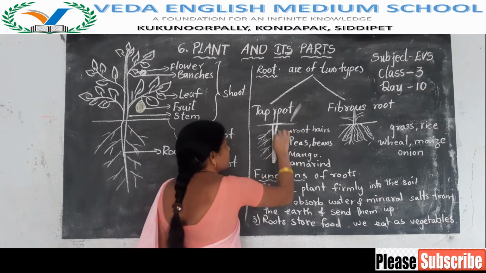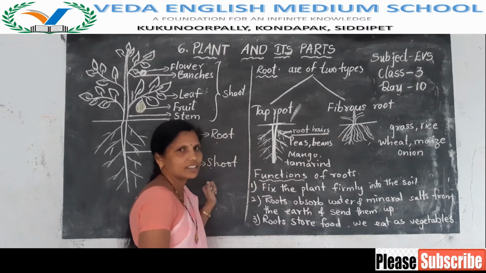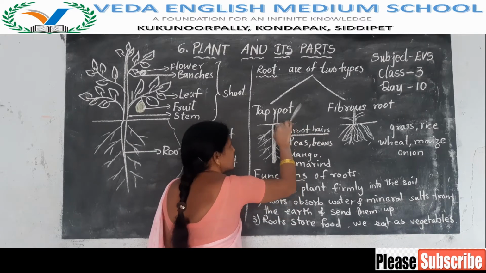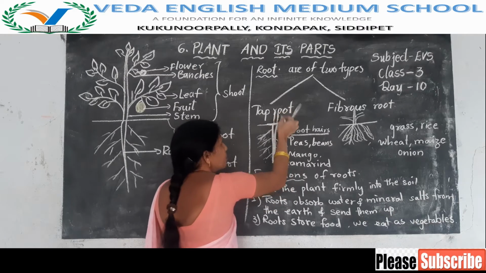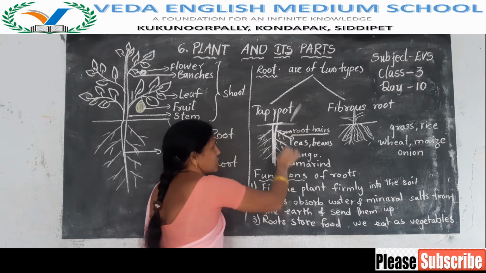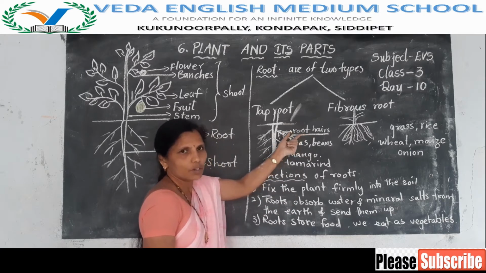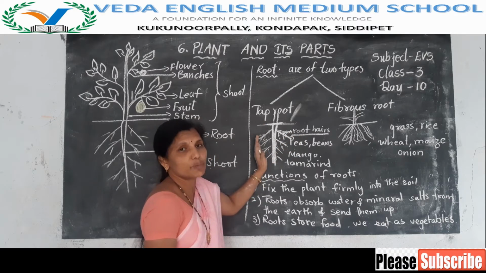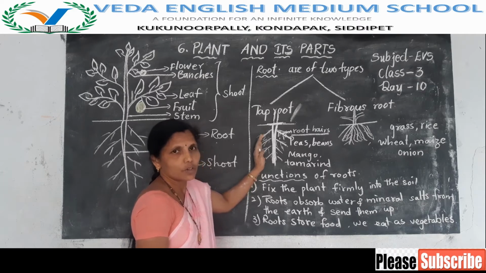This main root has small hair-like structures that are called root hairs. So this root system is called a taproot.